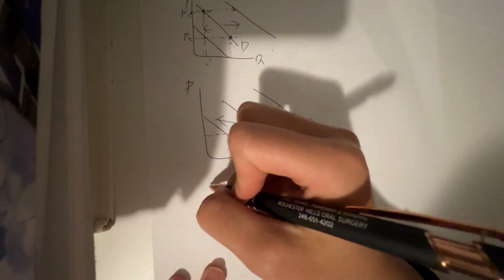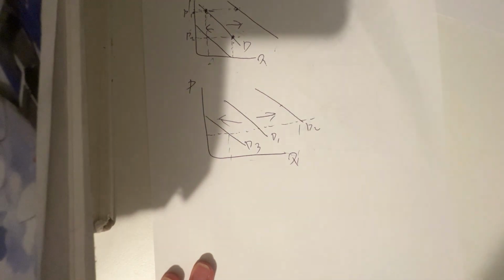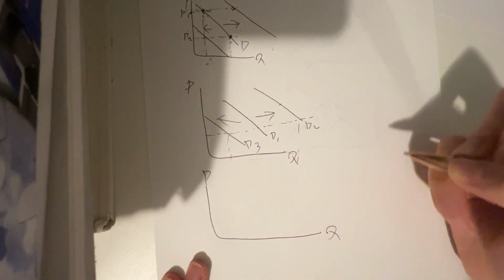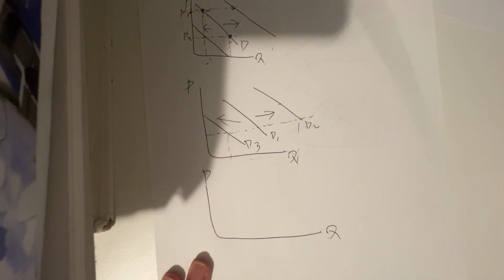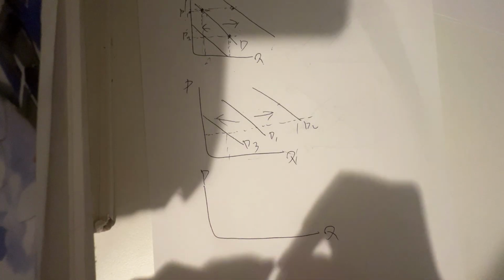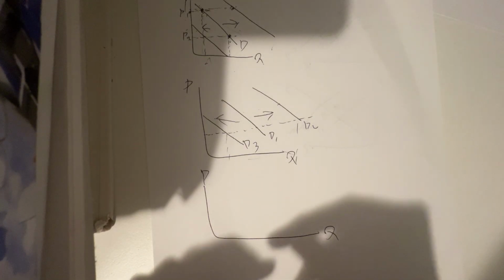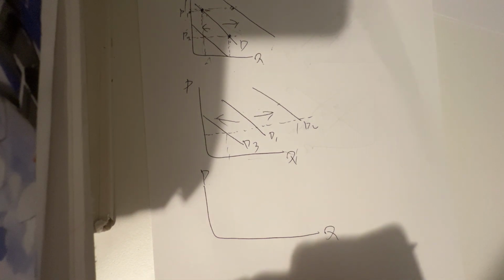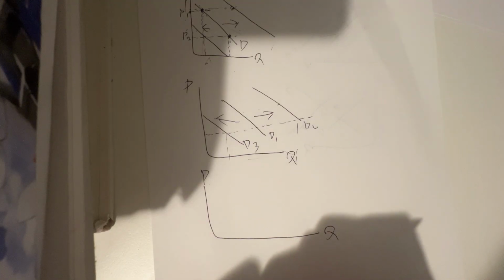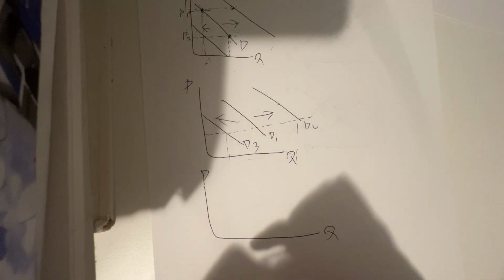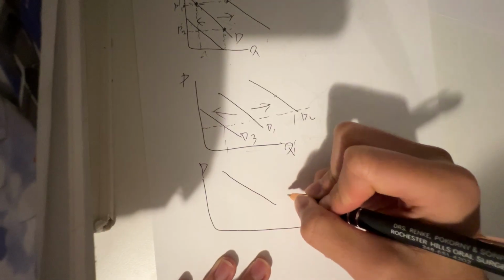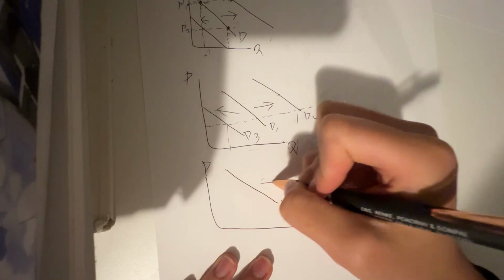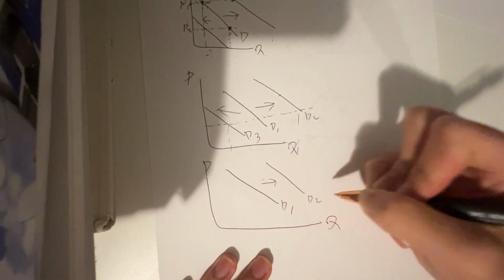So, for the first one, taste and preferences, P, Q. Let's say there's a study on coffee and there's good news saying coffee's really good for you, then people are going to prefer it. Let's say this is the original demand curve, D1. It means that demand increases, which is a shift right, D2.